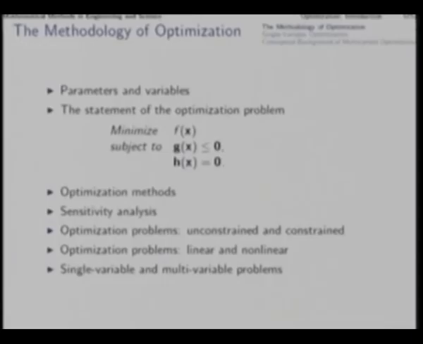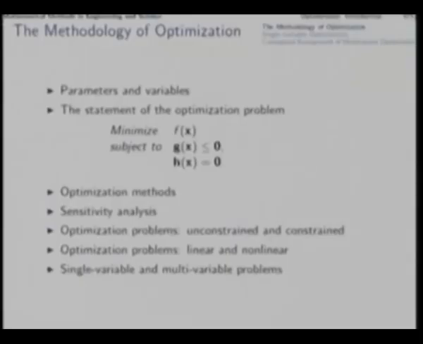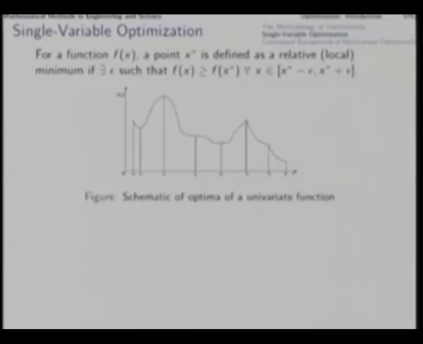Now, before going to the methods for multivariate optimization, which is going to be our main focus, let us quickly recapitulate the ideas of single variable optimization, with which you are conversant already to a good extent.